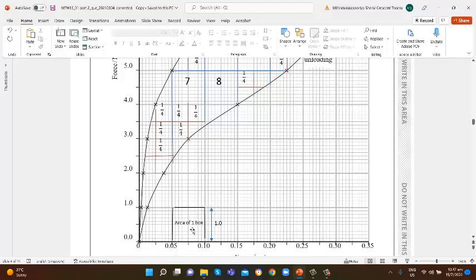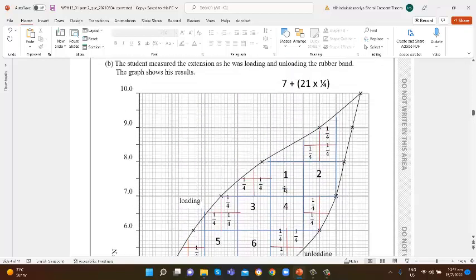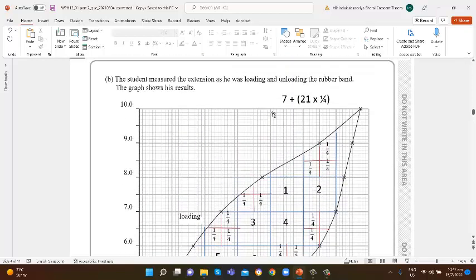So the area of one big box you can find, and 4 small boxes will give you one big box. So I calculated this and I found 7 big boxes and 21 quarter boxes.